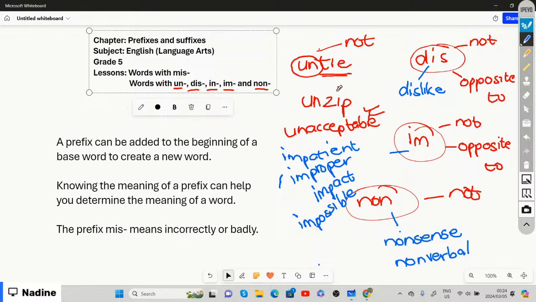And all of these prefixes, which are un, dis, im, non, mean not. And we said knowing the meaning of the prefix can help you to determine the meaning of a word.